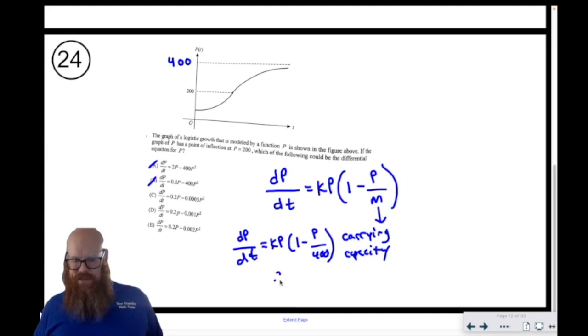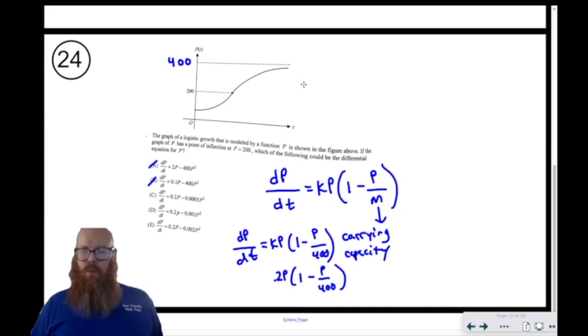So if I look at this, I get 0.2P times 1 minus P over 400. Now if I redistribute it, I'm going to get 0.2P minus 0.2P squared over 400. Well, 0.2 is 2 over 10. So I'm doing 2 over 10 times 1 over 400.